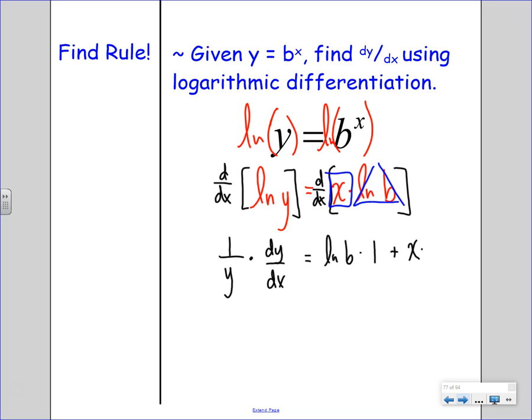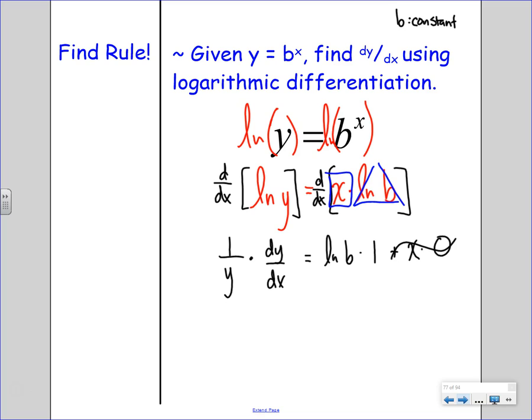It's not ln of x, so 1 over b times b prime. Wait, who is b? He's just a constant. A constant, so b prime is 0. So if b is a constant, when I go to do 1 over b times b prime, I just get 1 over b times 0. I get a 0. So then all of that is just going to cancel out.